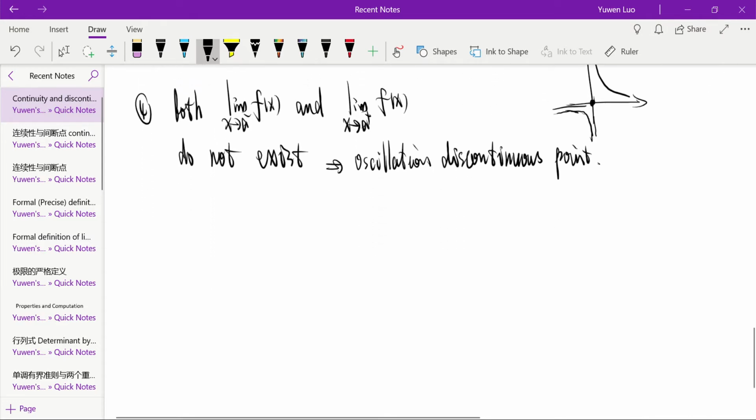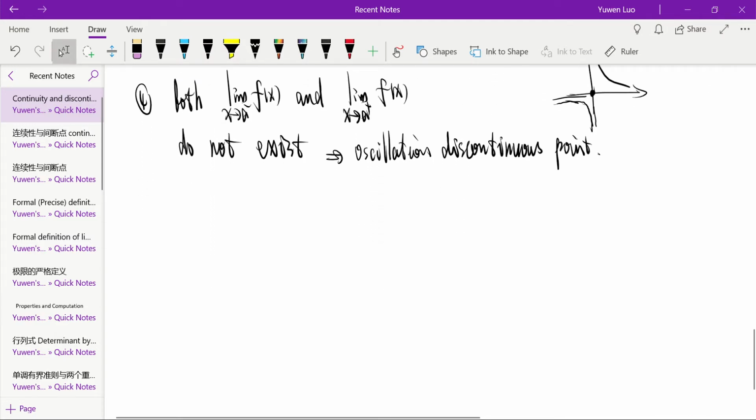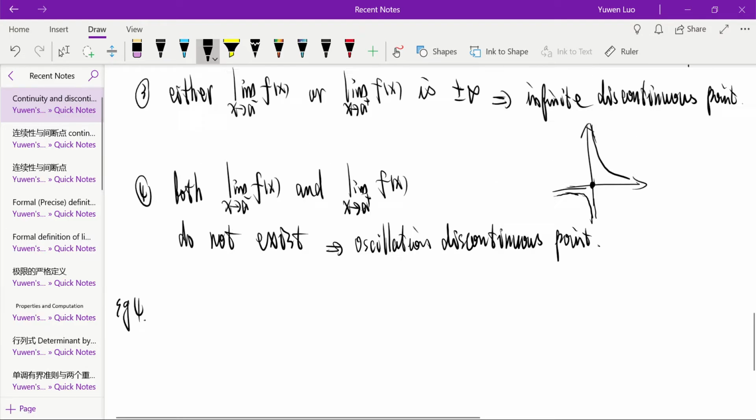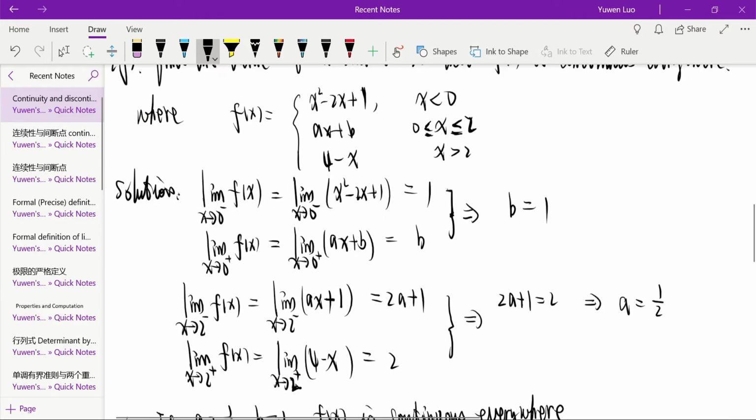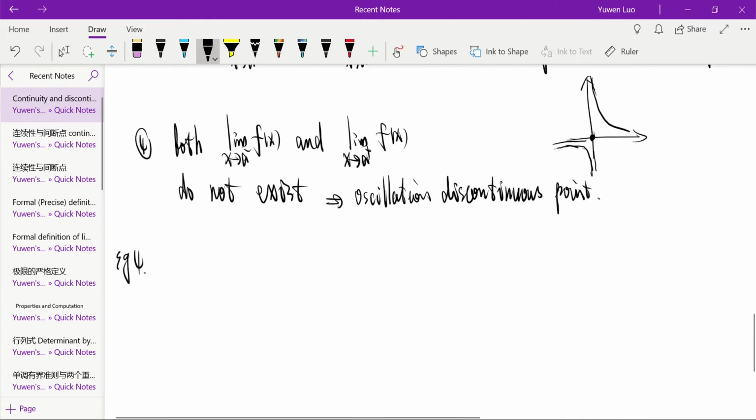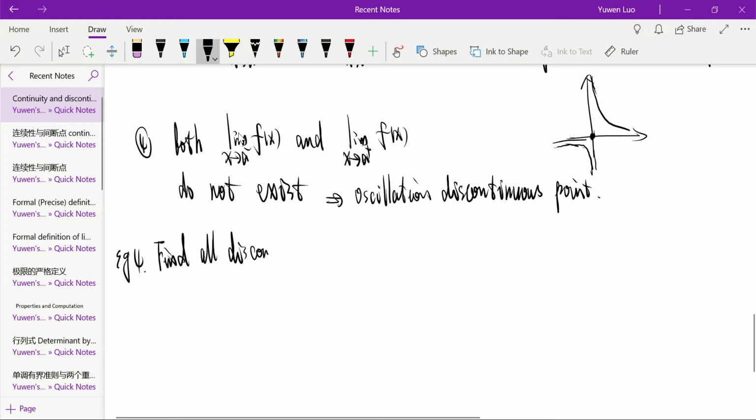Now let's see some examples of discontinuous points. That's example 4. Find all discontinuous points and determine their type.